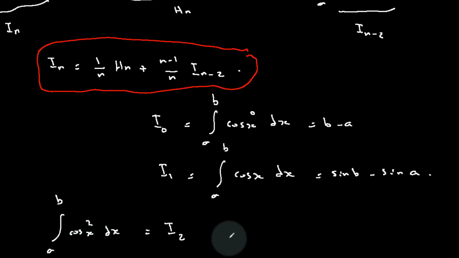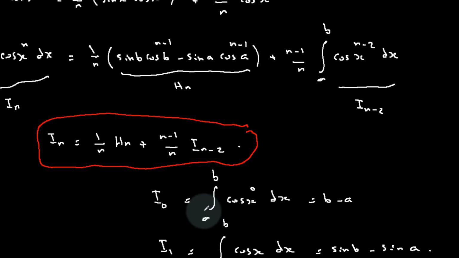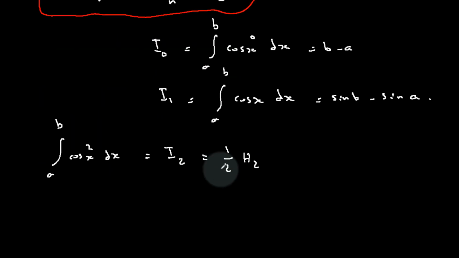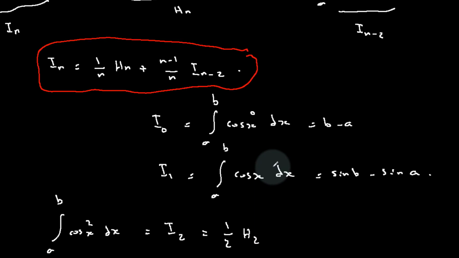If we apply this recurrence relation, we have 1 over 2 h2, which we can calculate quite simply, plus 2 minus 1 over 2, so 1 over 2 I0, which is already calculated.